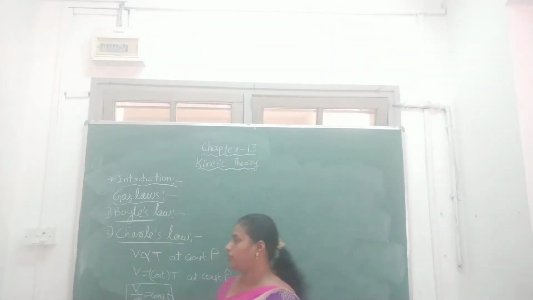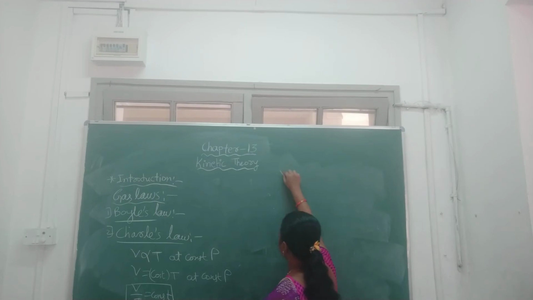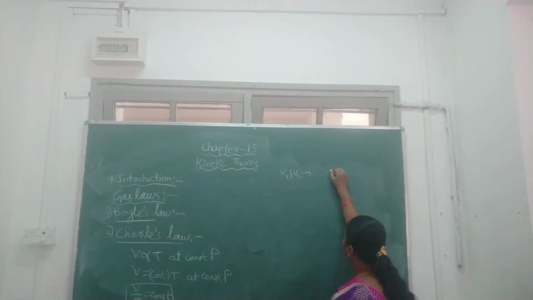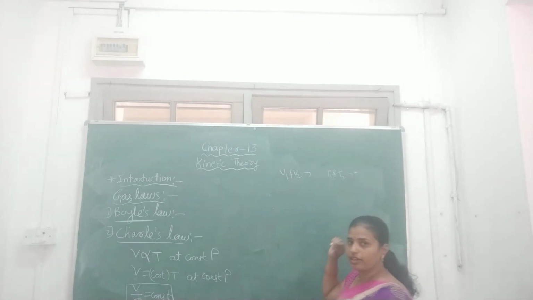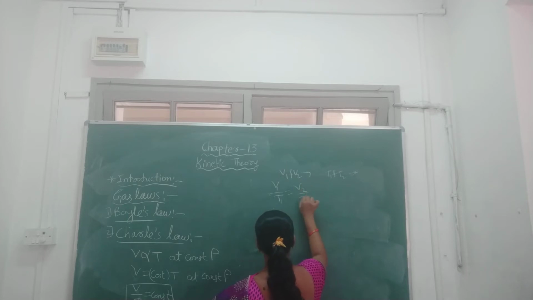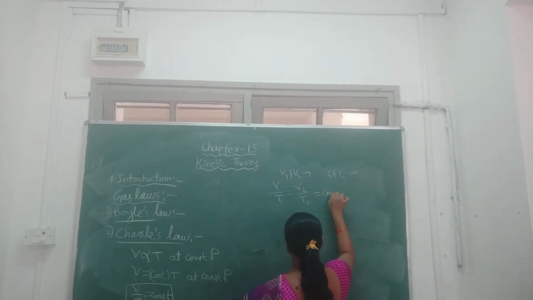For two terms, suppose V1 and V2 are the volumes and T1 and T2 are the temperatures. Then the equation becomes V1 by T1 is equal to V2 by T2 is equal to constant.